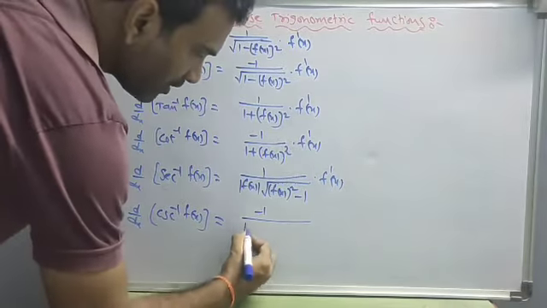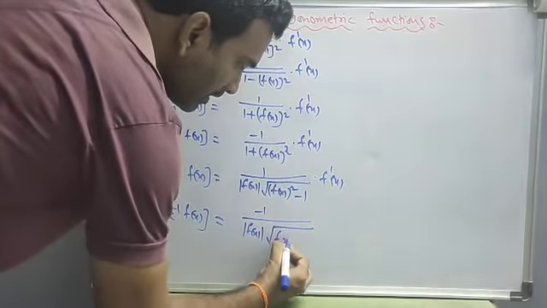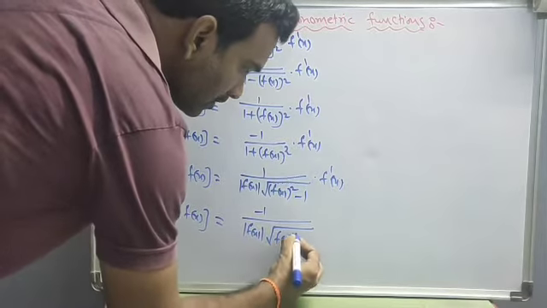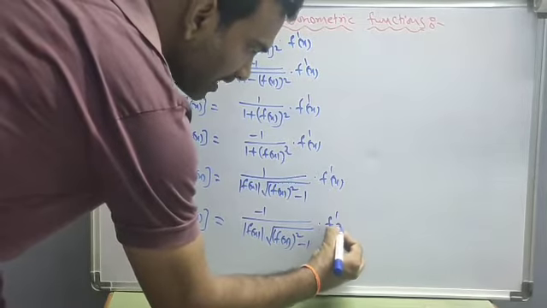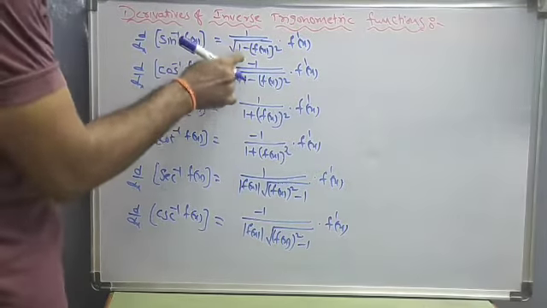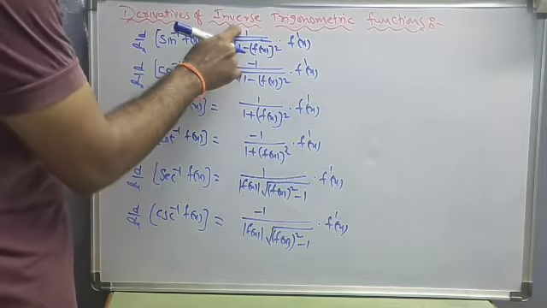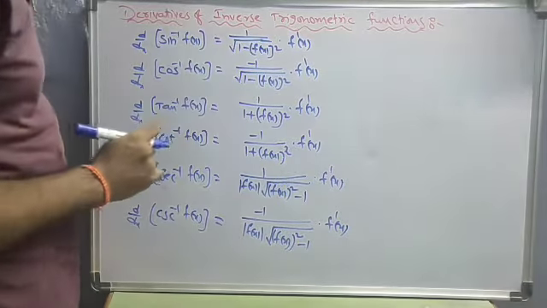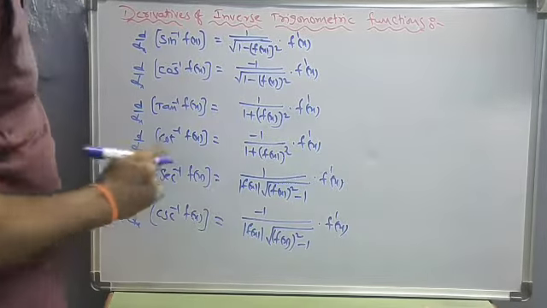So cosecant inverse is minus 1 by modulus of f of x into square root of f of x whole square minus 1 into f dash of x. If you observe, both have the same differentiation value, but one has the plus sign and the other has the minus sign. So here also the same, here also the same.